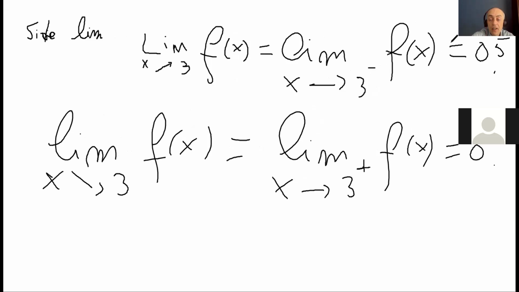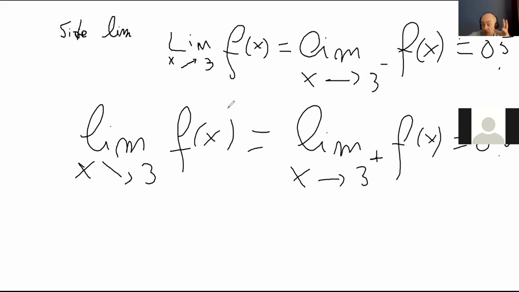But you may wonder, and that would be a legit question: is it possible that these side limits are somehow uneven, unequal? And of course it is possible. Most formulas, however, let me just get this out of the way before I give you an example of some exceptions.